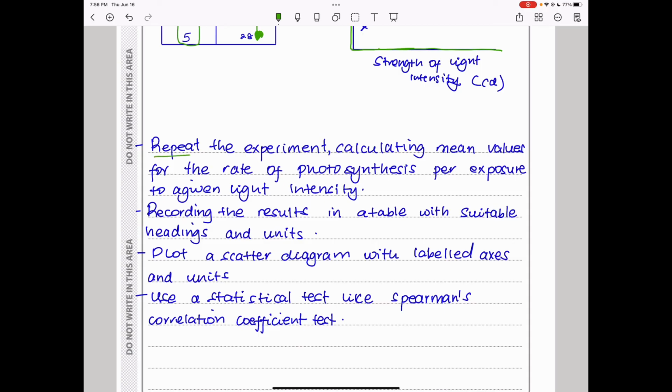So I said you repeat the experiment, calculate the mean values, record the results in a table with suitable headings and units, and then plot a scatter diagram, again with labeled axes and units, and find a suitable statistical test like Spearman's, it could be Pearson correlation, in order to establish a correlation.